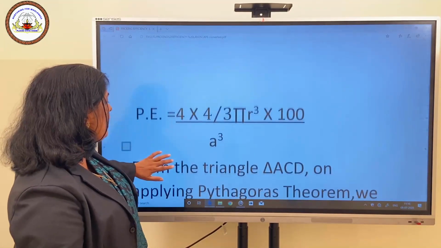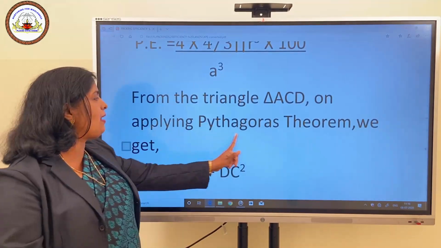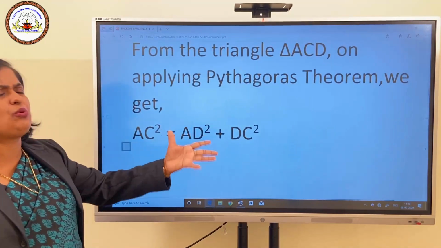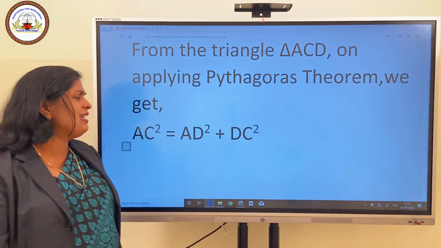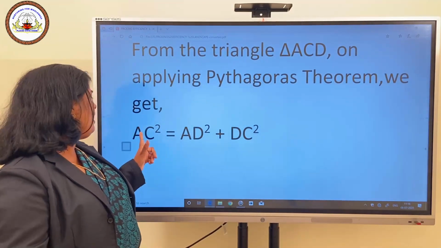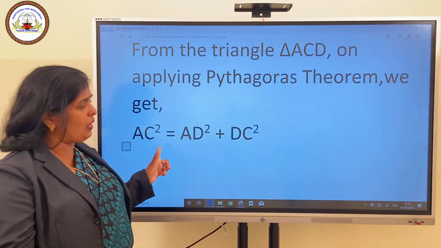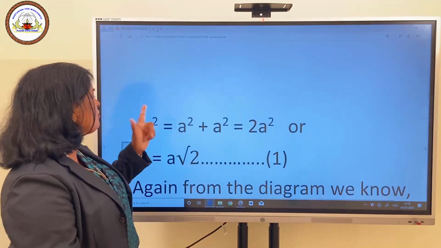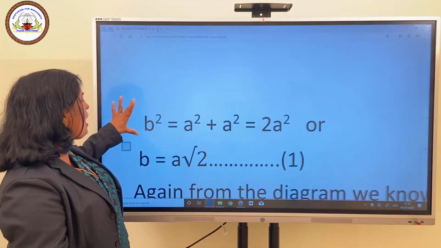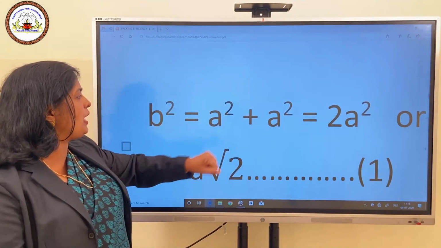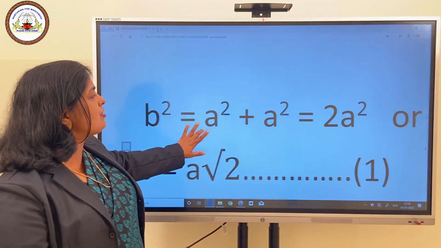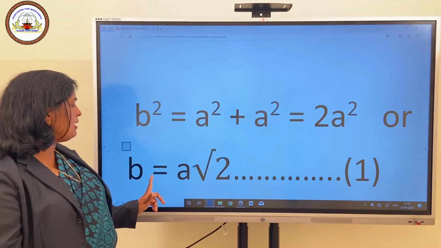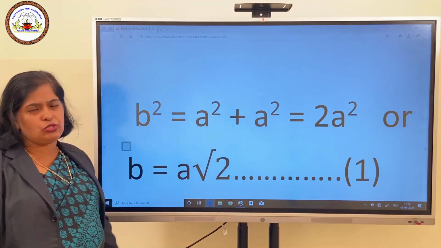So from the triangle ACD, on applying Pythagoras theorem, we get AC square is equal to AD square plus DC square. Again, AC square we know it is b square. AD and DC are edge lengths, so b square is equal to a square plus a square, which is equal to 2a square, or b is equal to a root 2.